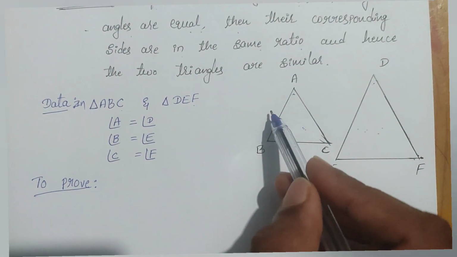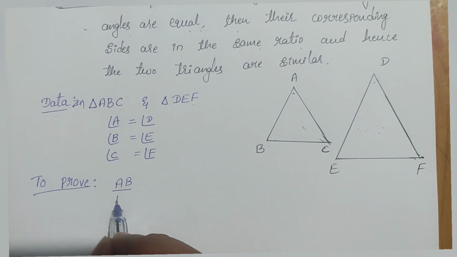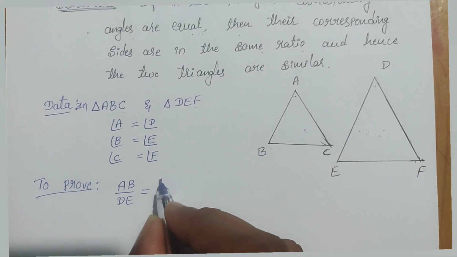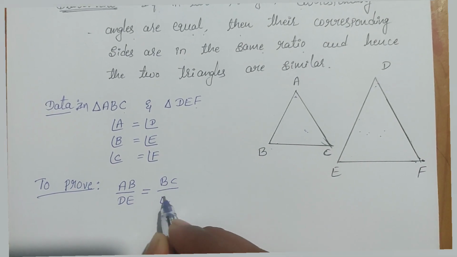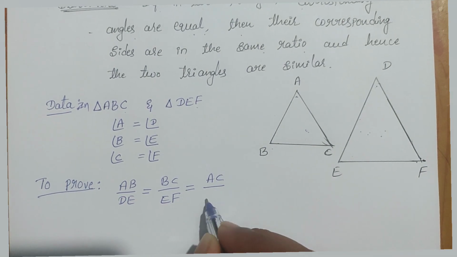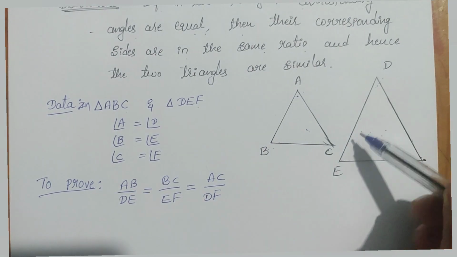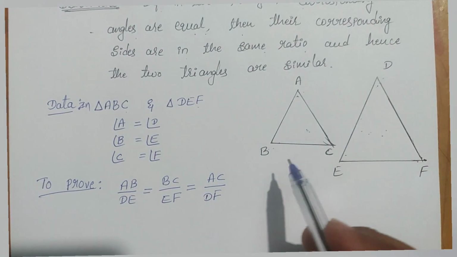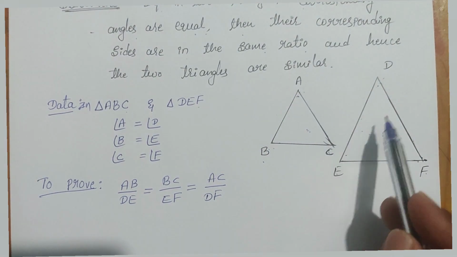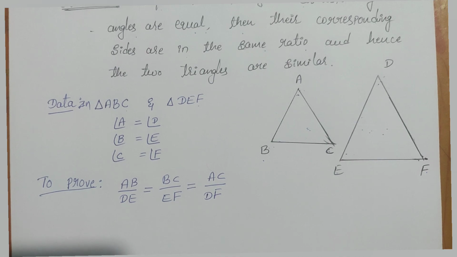The corresponding sides are in the same ratio, that is AB divided by DE is equal to BC divided by EF, which is again equal to AC divided by DF. All these corresponding sides are in the same ratio.